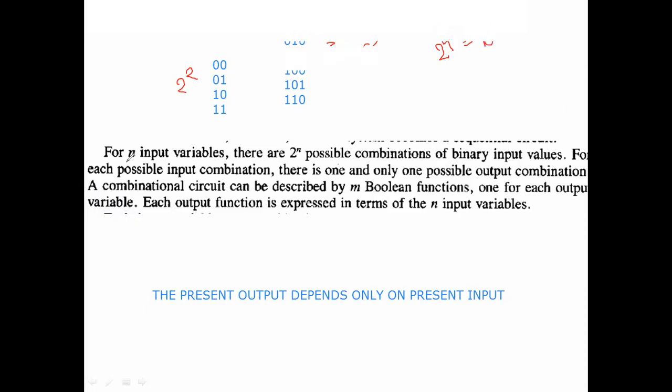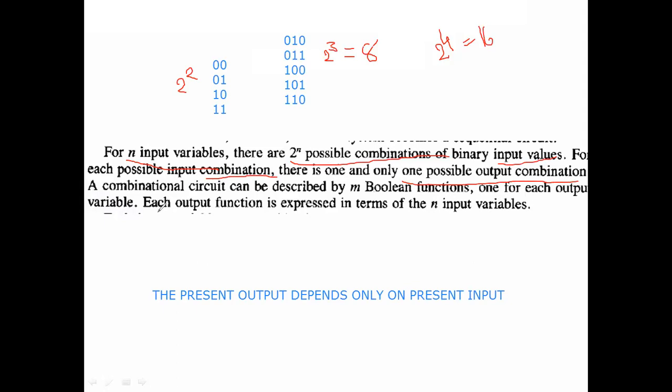That is, for n input variables, you will be getting 2 power n possible combinations of binary input values. For each possible input combination, there is only one possible output combination.